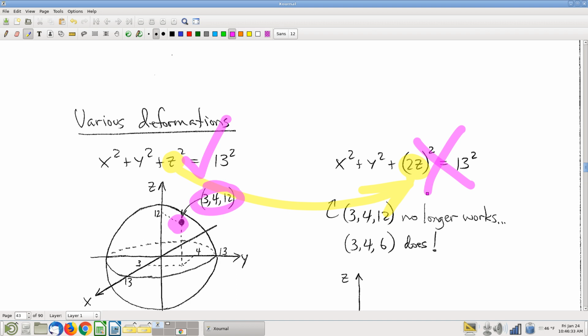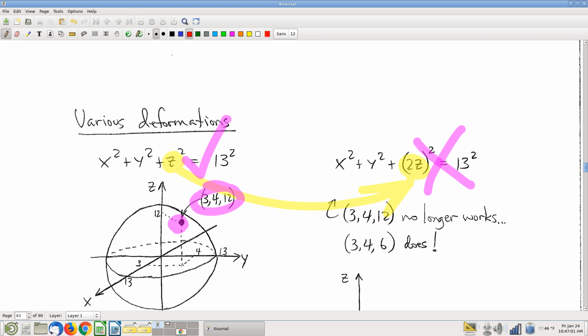It doesn't work because you can see right here, what I'm supposed to be doing is squaring that 12 that goes in there. I'm supposed to be squaring the 12, but here in this equation, that 12 that goes in there gets multiplied by 2 first before it subsequently gets squared. That's not what happened in the arithmetic on the other side.